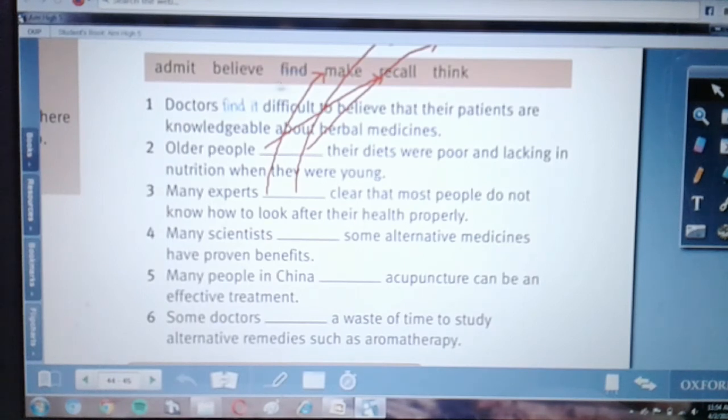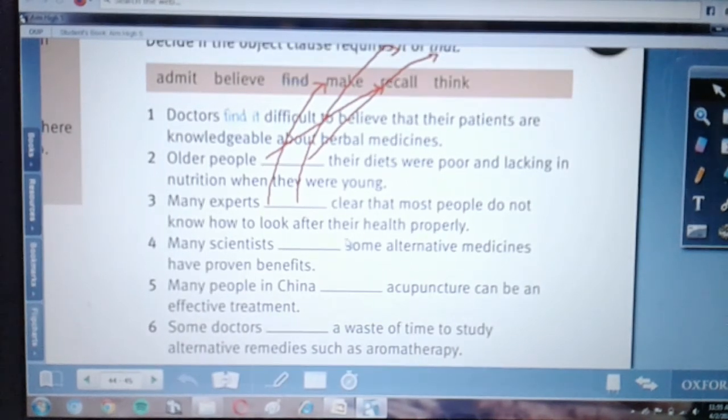Admit, believe, or think? The main verb is admit. Yeah, so let's put admit as the main verb here. And shall we use it or that? Let's read the sentence by using it.